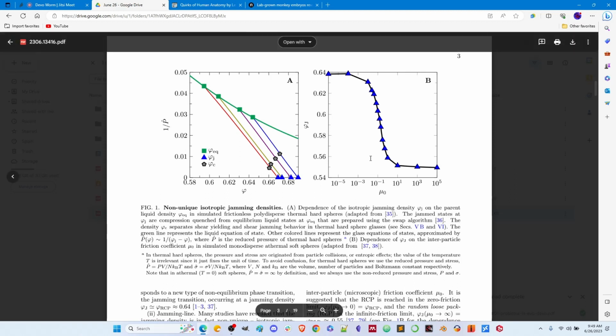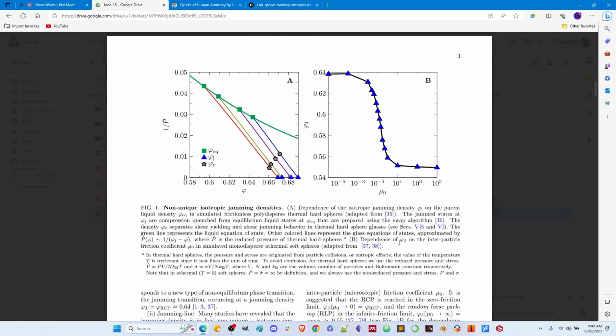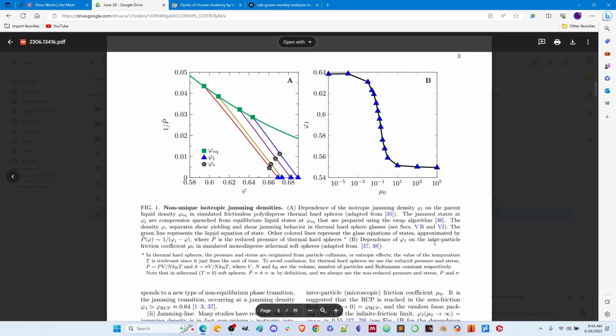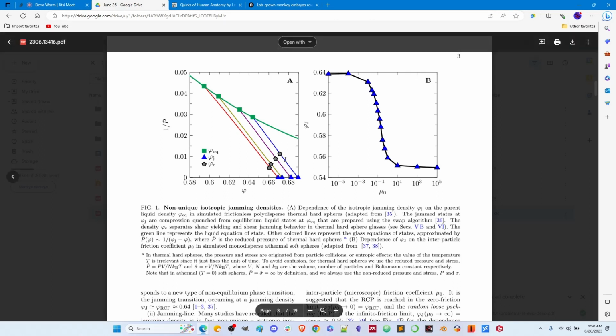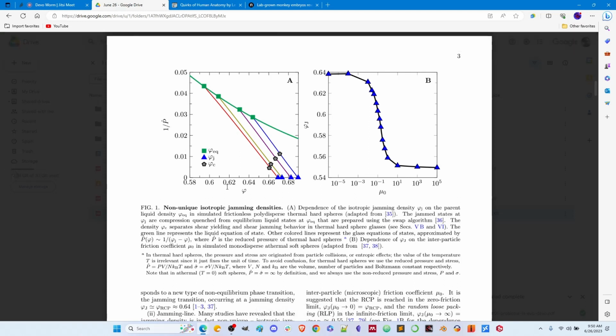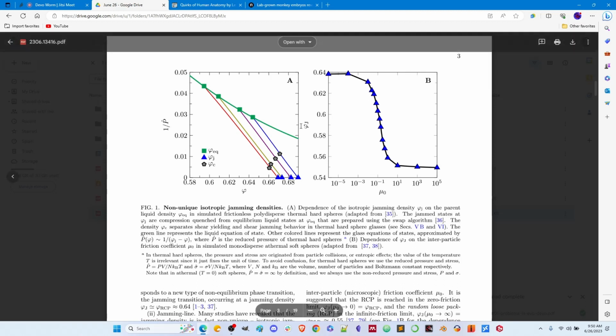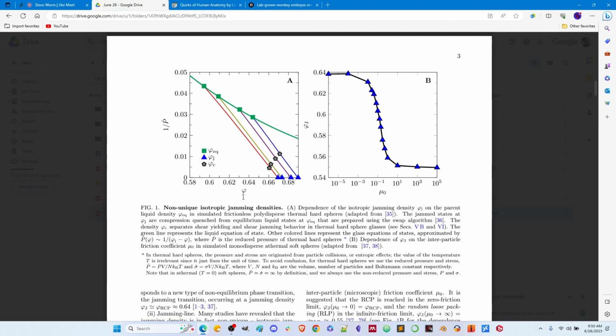Then B is the dependence of this parameter on the interparticle friction coefficient mu sub 0 in simulated monodisperse athermal soft spheres. So this is where you have this parameter here. I think this is the isotropic jamming density on this axis. This is 1 over phi hat. This symbol is the jamming density.